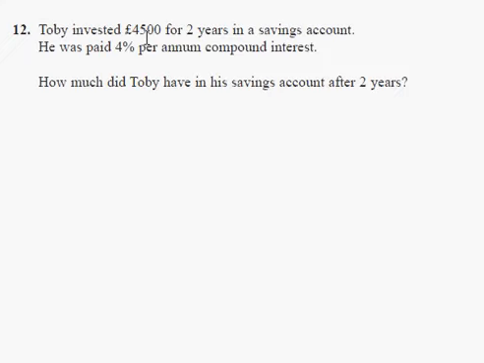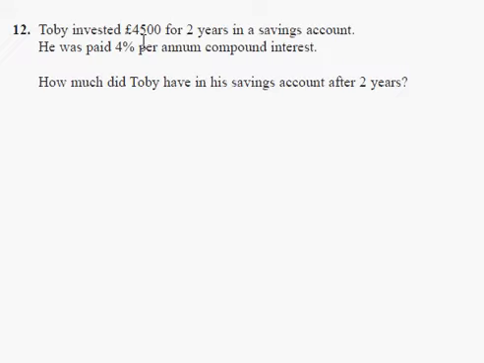It would be a simpler way to do it, and if you like, we can do this on our calculator. 4,500 times 1.04 will tell us how much he has at the end of the first year, but then I need to know how much he'll have at the end of the second year.